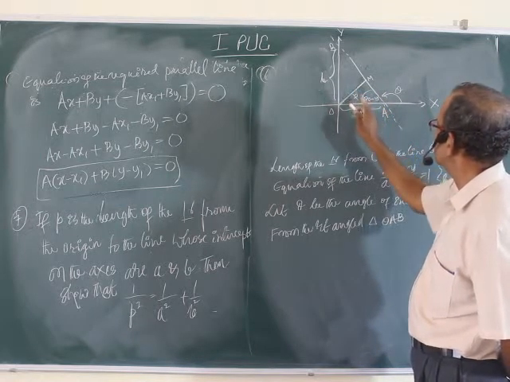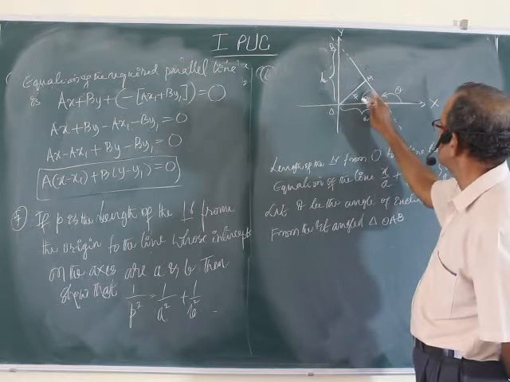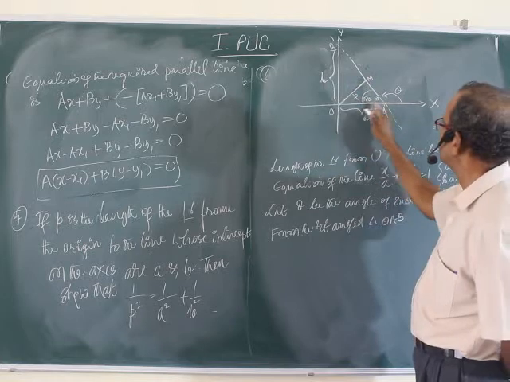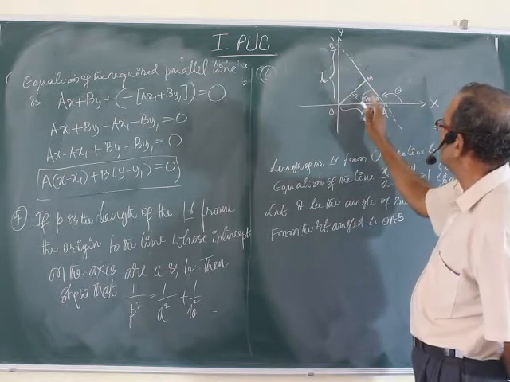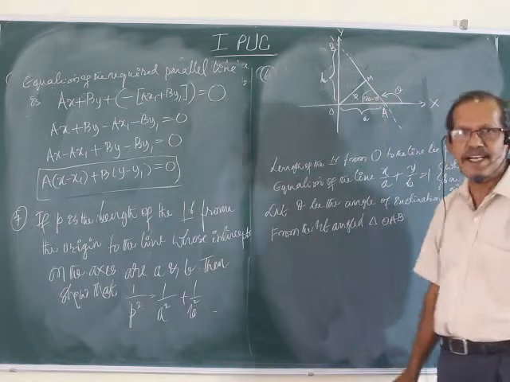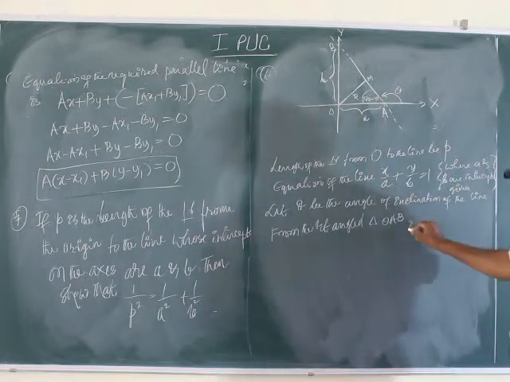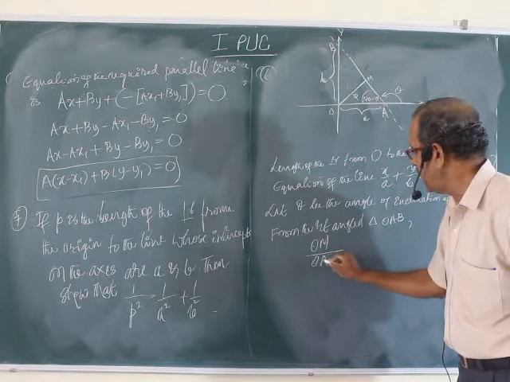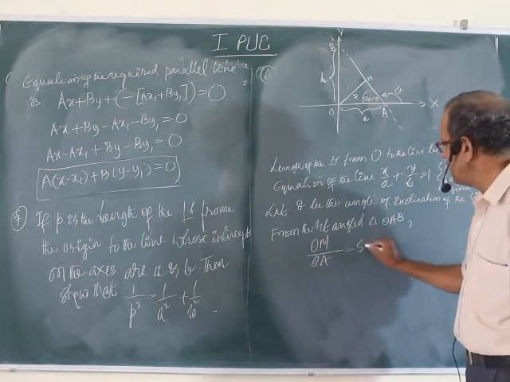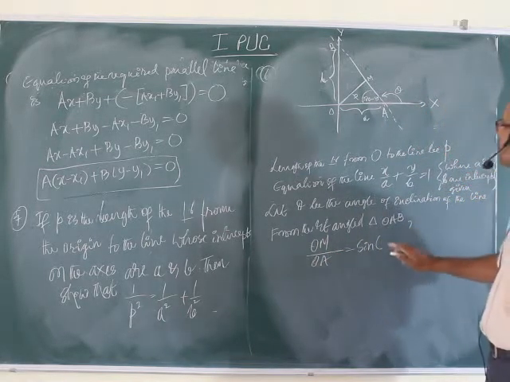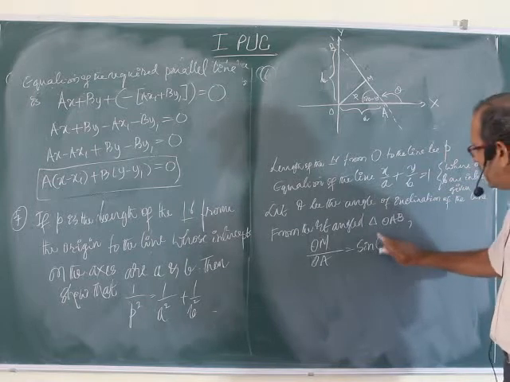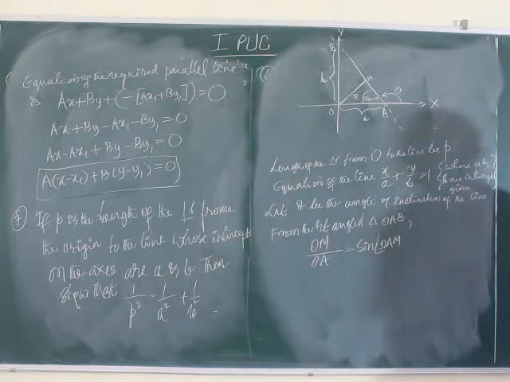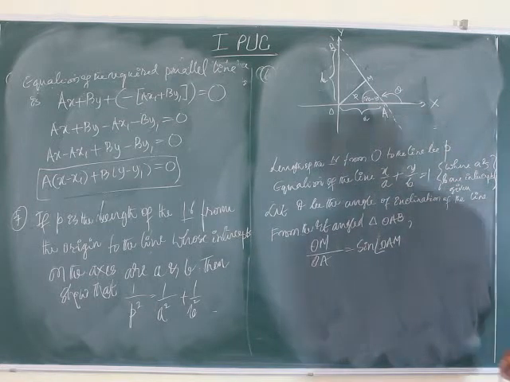So, opposite side by hypotenuse to the angle 180 minus theta: opposite side is OM, hypotenuse is OA. OM divided by OA is sine of the angle OAM.